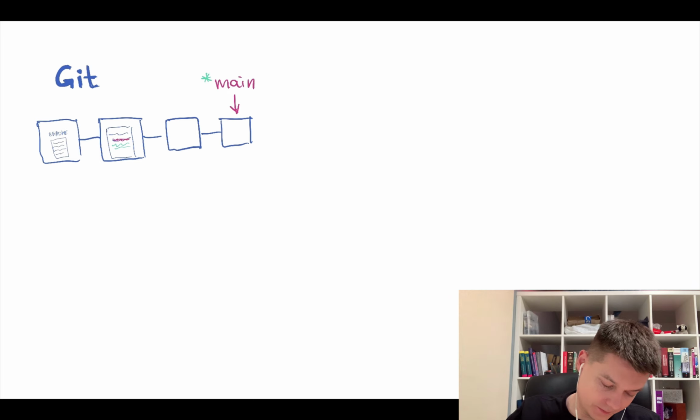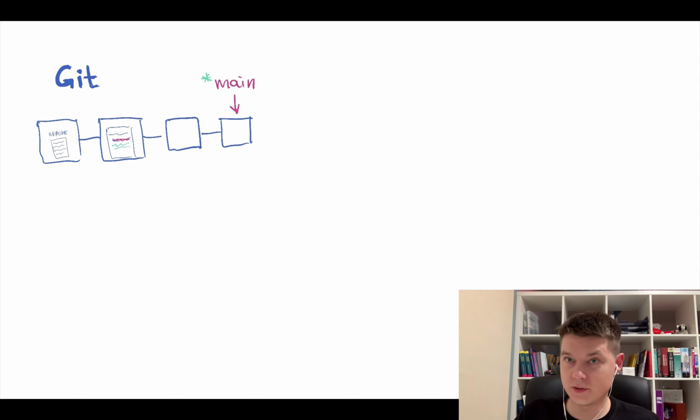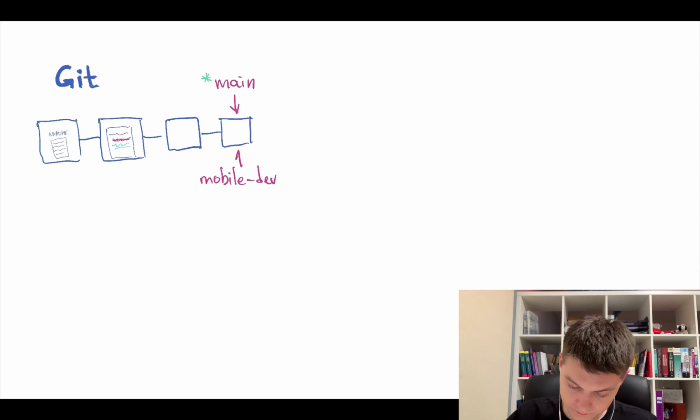And since it is our career repository, maybe I want to add a new vacancy to it, right? And I just create a branch, let's call it mobile dev, right? I'll add a new vacancy for mobile dev here.